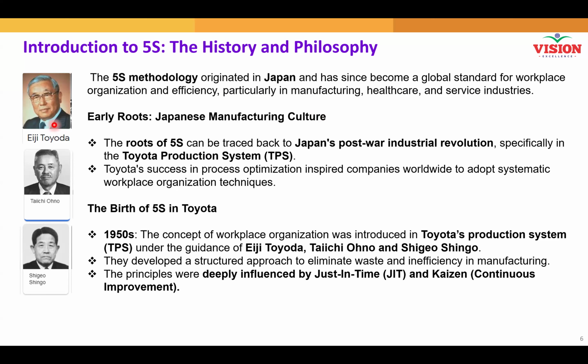These people, Eiji Toyoda, Taiichi Ohno, and Dr. Shigeo Shingo, developed a system which was not specifically designed to cater to the requirements of Toyota. Because at that time, Toyota was making cars, and that too mainly for the Japanese people, so the market was smaller compared to Ford and others.